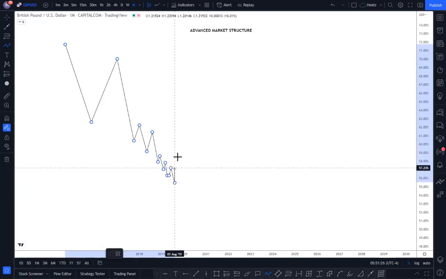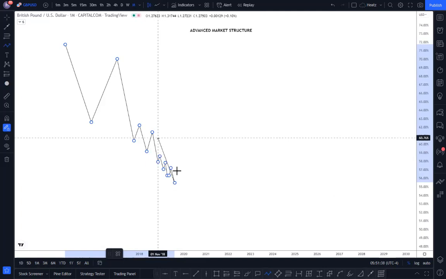Because price has not retraced back into this range, it is still exposed.